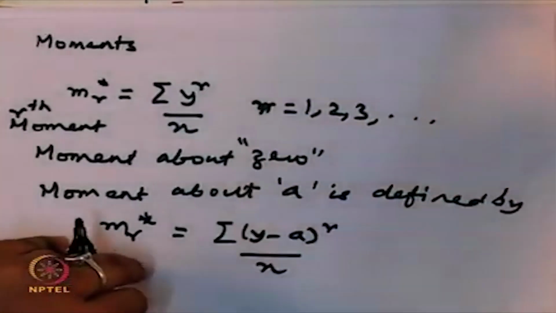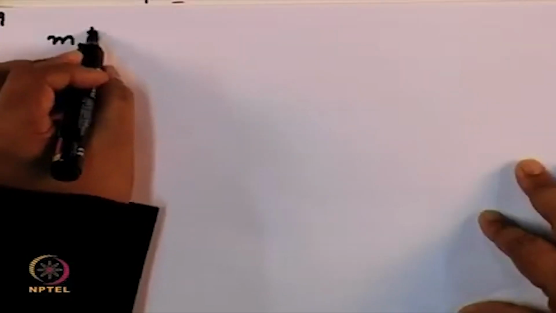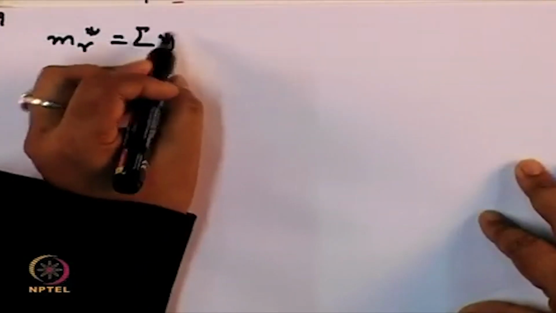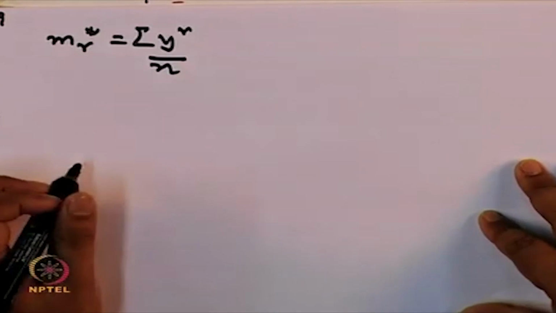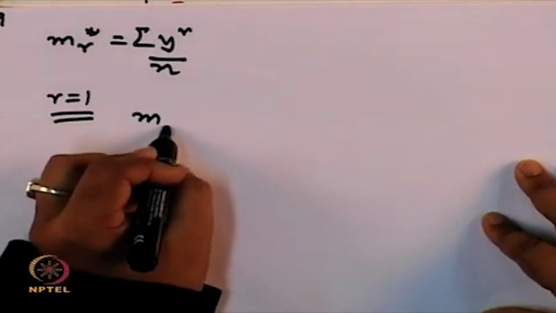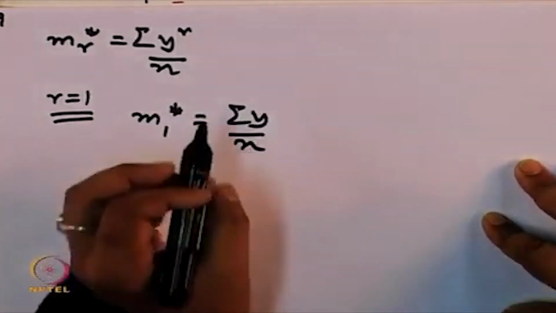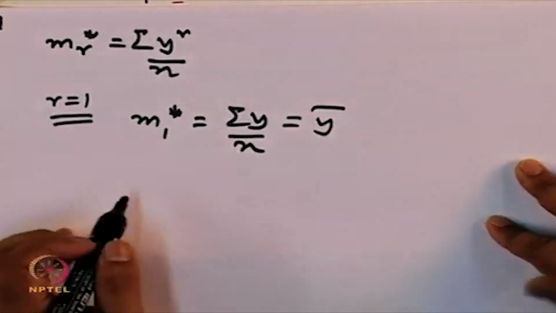Okay. So now let us see what the moments convey. You have the moment about 0, mr star, defined by summation y to the power r by n. If I put r equal to 1, then m1 star is equal to summation y by n, which is equal to y bar, right.